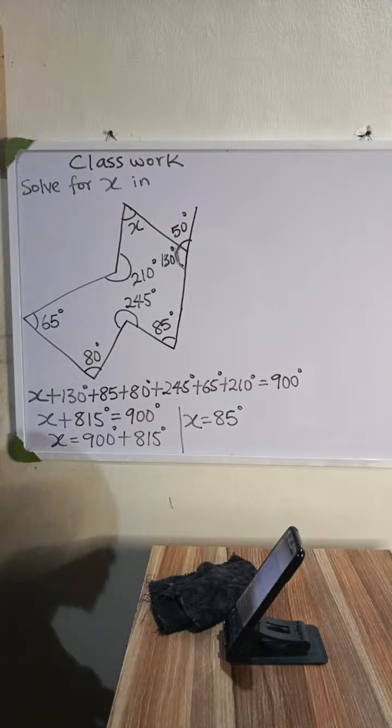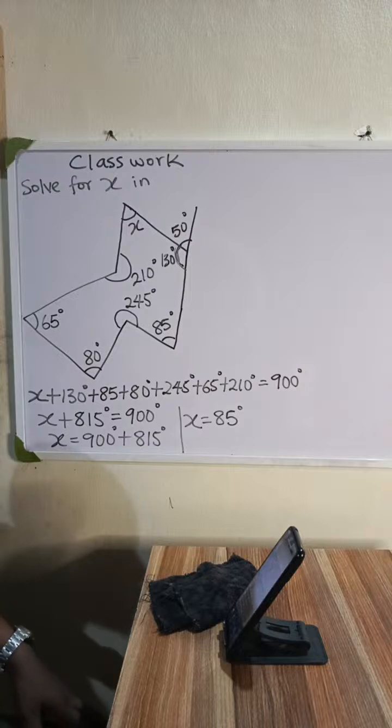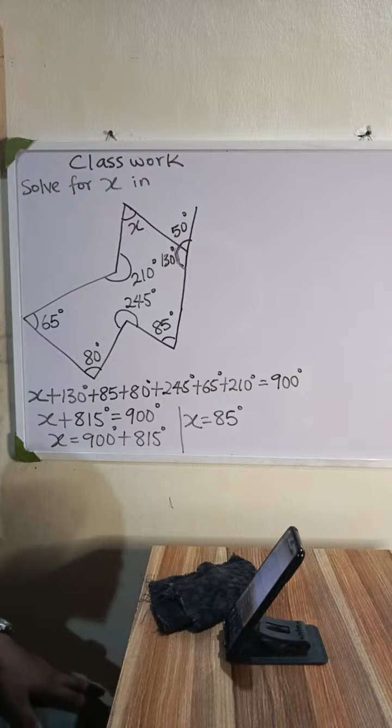So in today's class, we've looked at how to calculate the exterior angle of a polygon. We saw that no matter the type of polygon, the sum of exterior angles of a polygon is equal to 360 degrees. And then we looked at concave polygons, which are polygons that have at least one of its interior angles as a reflex angle.